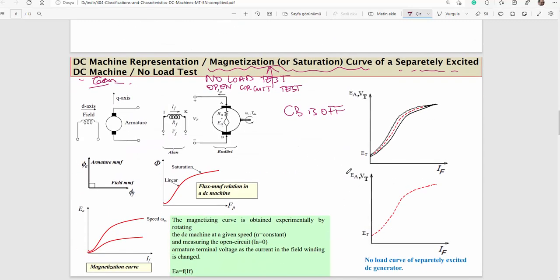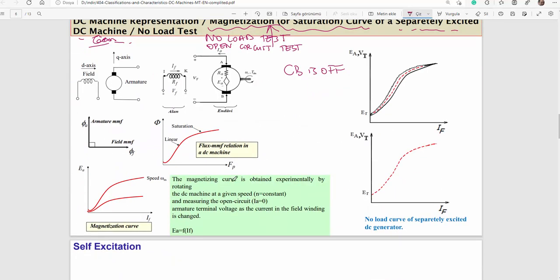So what we are doing, the magnetization curve is obtained experimentally by rotating the DC machine at a given speed, which is constant, and measuring the open circuit armature terminal voltage, which is EA, as the current in the field winding is changed.